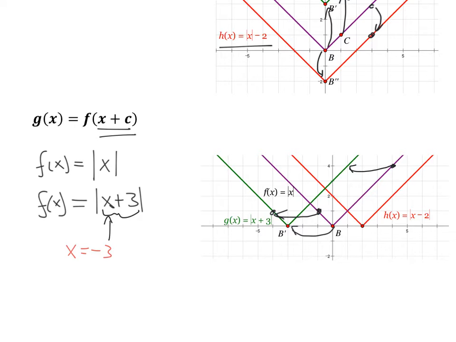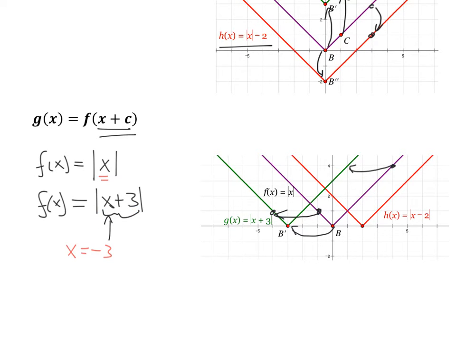And what happened to our original function when we put a 0 in there? The absolute value of 0 is 0. So negative 3, which is to the left of the origin over here, acts like 0. Whatever makes this 0 is what acts like 0. That shows us that we're to the left 3, because every time you put a number in here, it automatically gets bumped up 3.